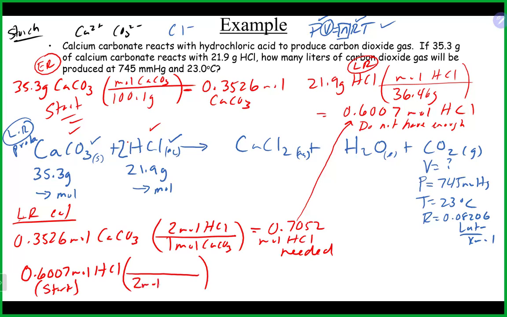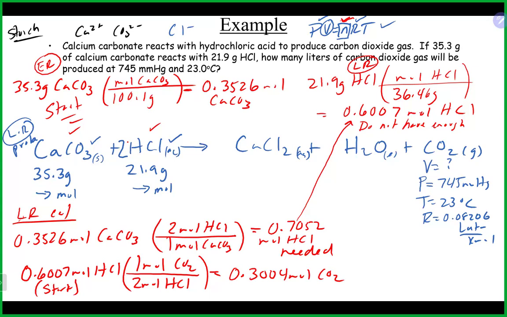So 2 moles of HCl from the equation gives me 1 mole of CO2. And that would get me 0.6007 divided by 2, 0.3004 moles of CO2. That again is pretty much the last piece of information that I need in the ideal gas law here to solve for what I'm looking for.